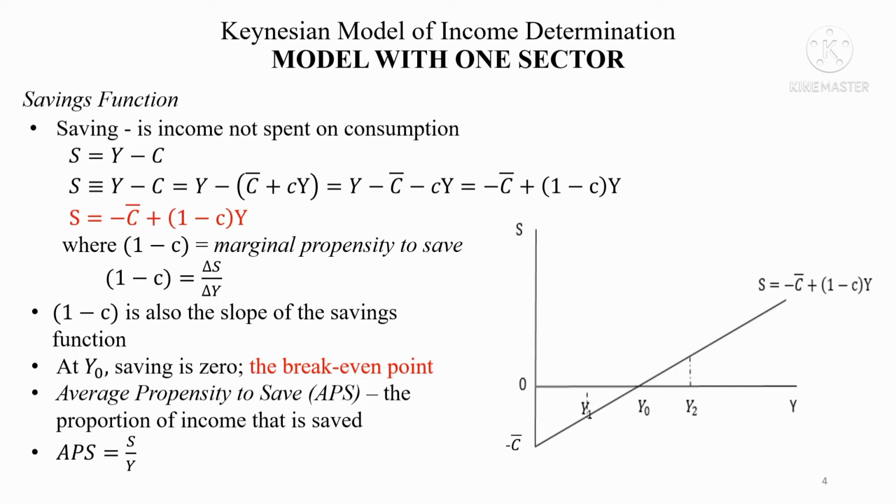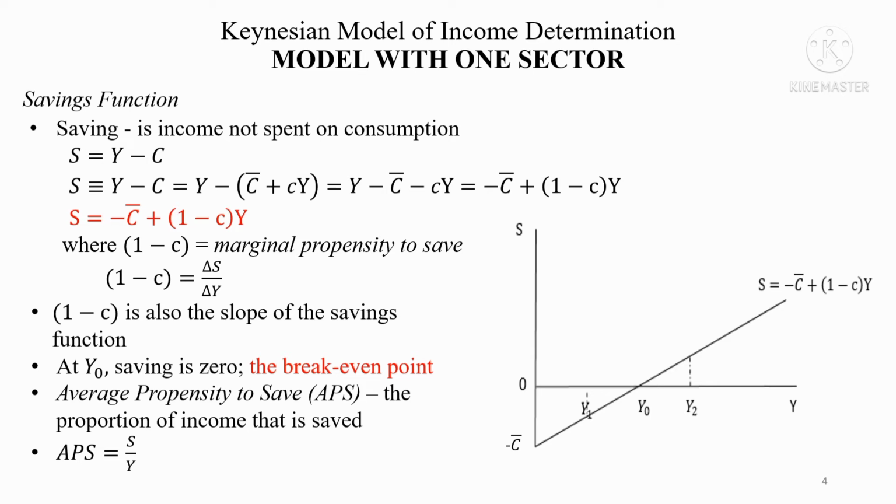Notice that Y sub 0 is the equilibrium level of income, because again the consumption line and the income line are tangent, or it is the point where the consumption line crosses the income line. So in effect, saving is 0.